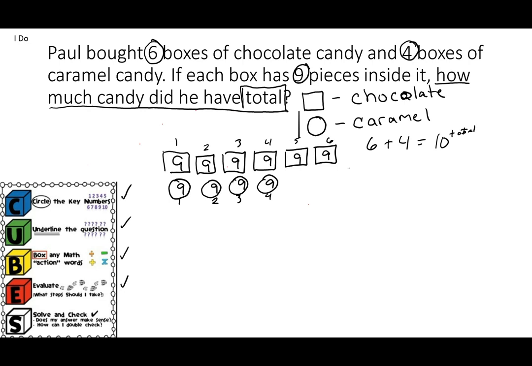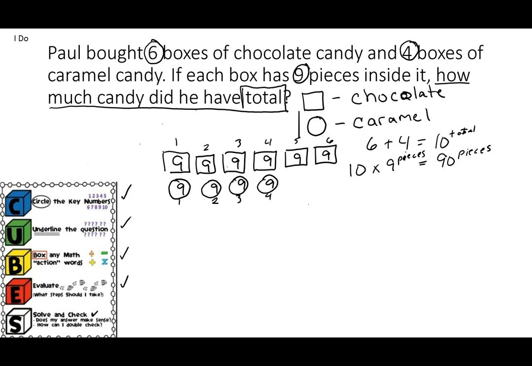So I'm going to take that total of 10 boxes and I'm going to multiply it by the 9 pieces in each box. And 10 times 9 gives me a total of 90 pieces.